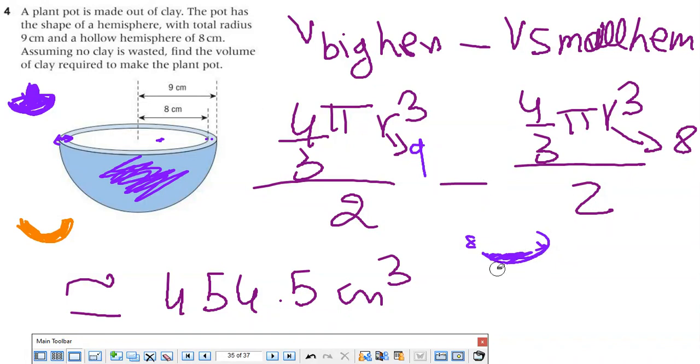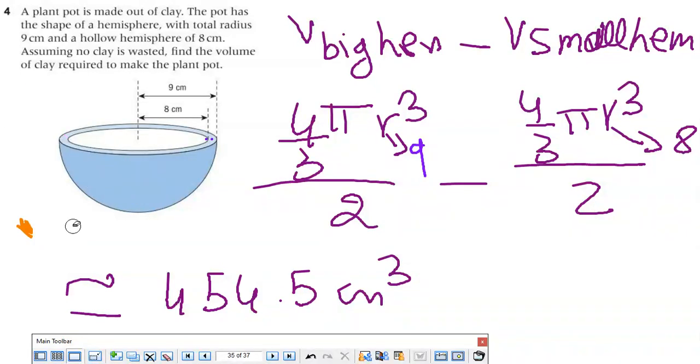So minus that, what's still going to remain is the clay that I really needed to make the pot. So it's the volume of the big hemisphere, 4 over 3 pi r cubed over 2, where r is 9, minus the volume of the small one of radius 8. And this is what I need to make this pot.